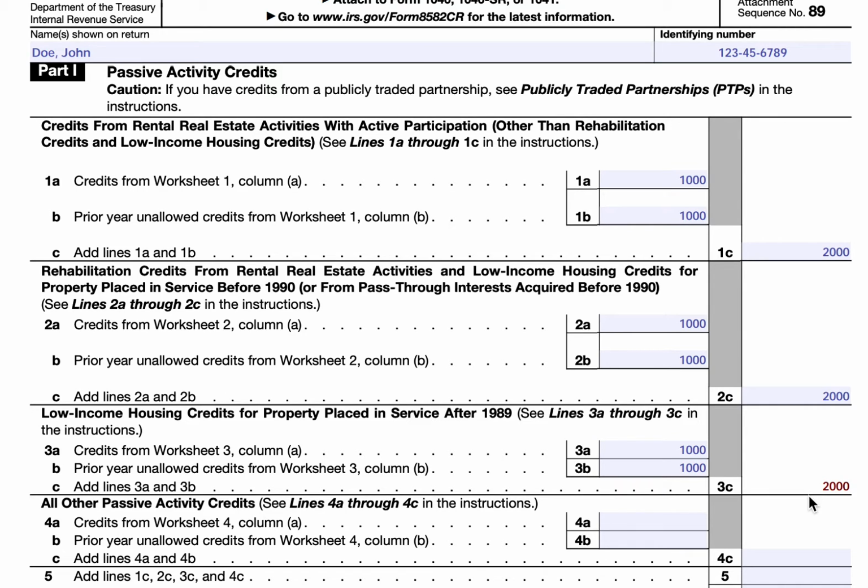Now in line 4, we're going to discuss all of the other tax credits that might apply. And again, there's a worksheet 4 that helps you calculate that. But again, these are pretty much other passive activity credits that don't meet one of these criteria in either line 1, line 2, or line 3.